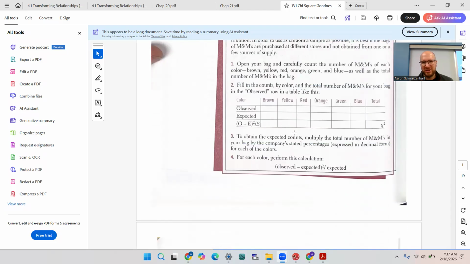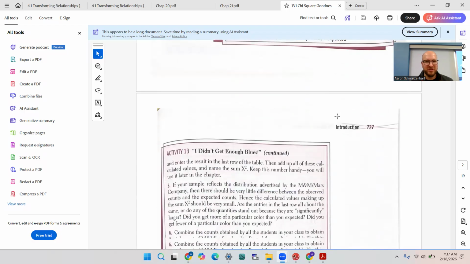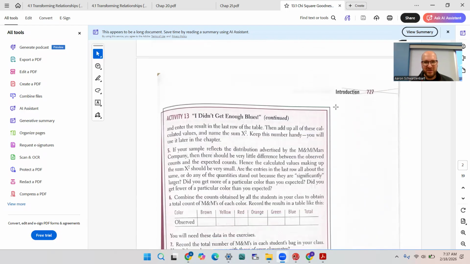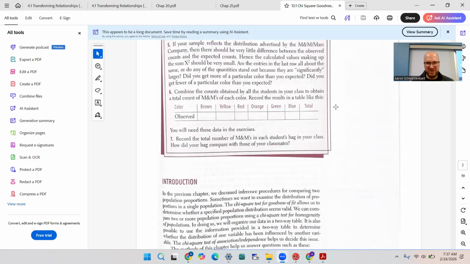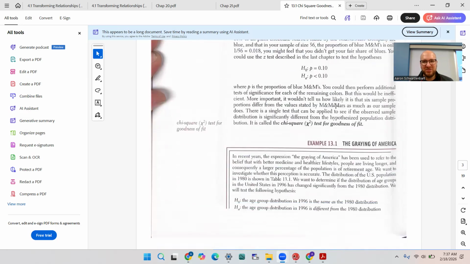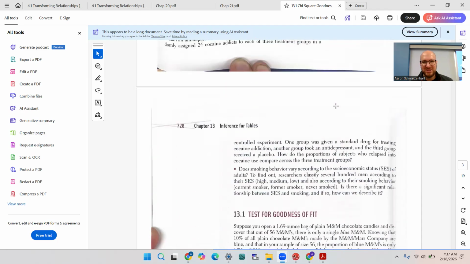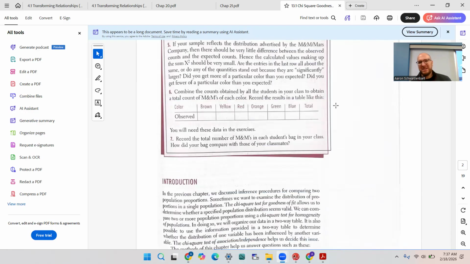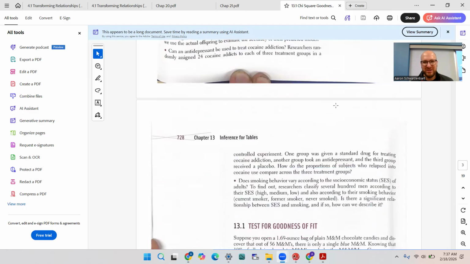We could try to do this, but there is no posted distribution for what it is. And they're not even close to even. So the test for goodness of fit is essentially testing, does it fit what it's expected to fit?